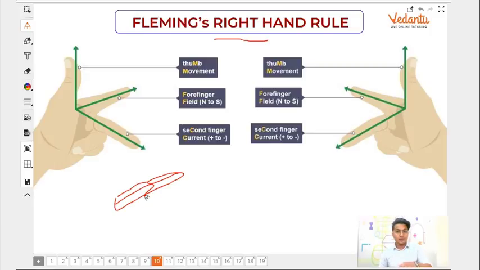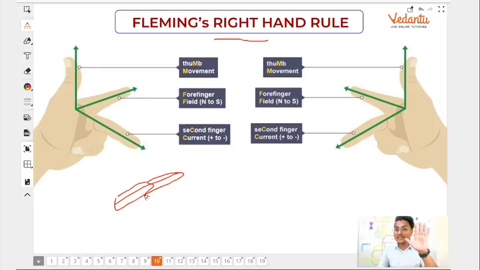I'll repeat this again. Whenever a conductor carrying current is placed in a magnetic field, it experiences a force. You know that very clearly. So how will you give the direction of the force?